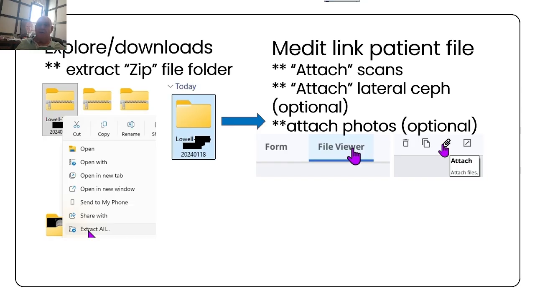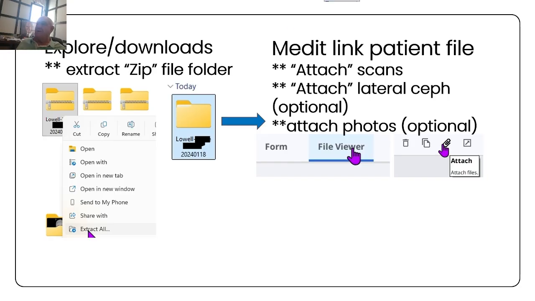Until you unzip that, with a right click, extract all, you cannot really use what's inside that suitcase. After extracting, you'll see it's the same file, just without a zip on it. And now you can import that into Medit Link, and it'll be active.